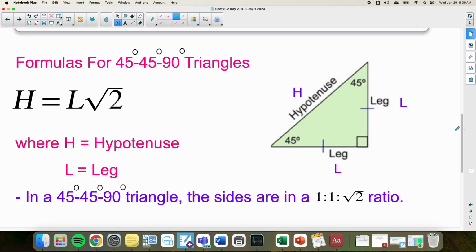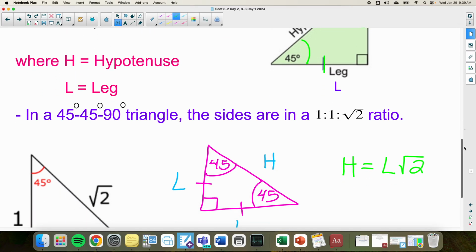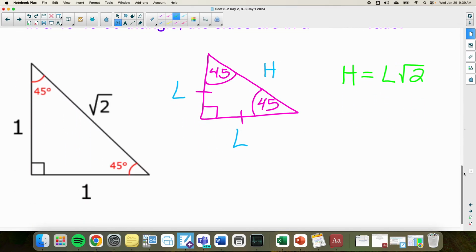Across from the right angle is your H. If the 2 angles are congruent, those sides are congruent. So what's going to happen on this next page is they're going to give us the H or the L, and whatever one they give you, you're going to use this formula to find the other one.